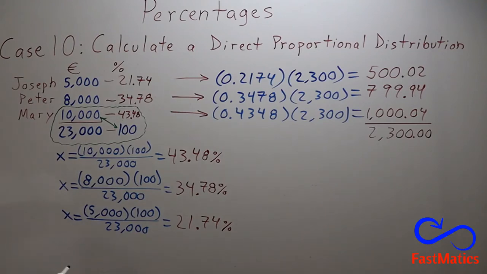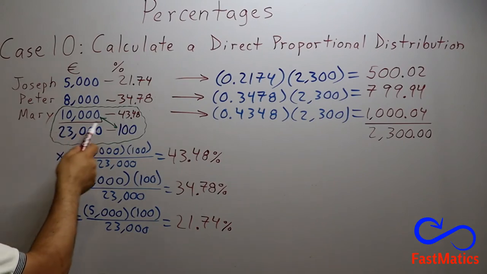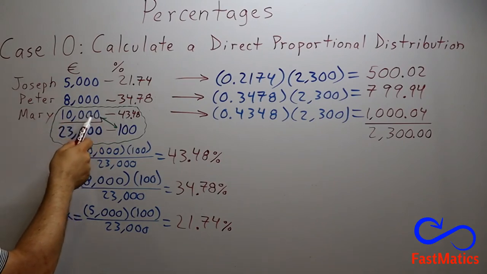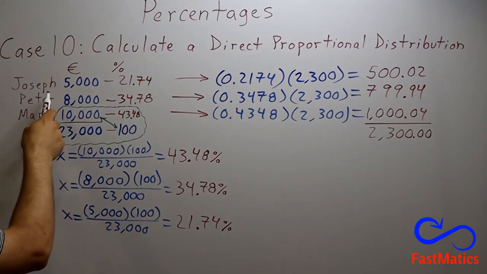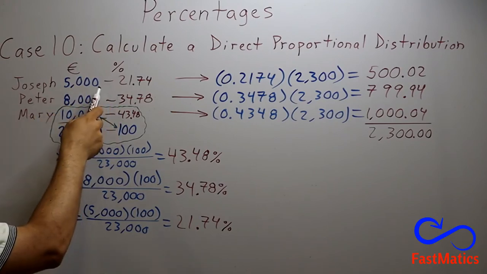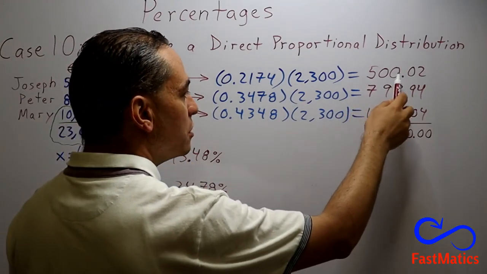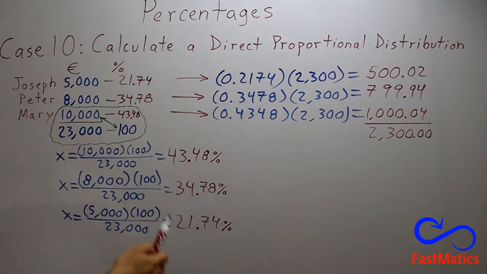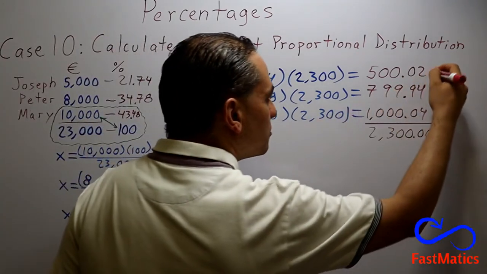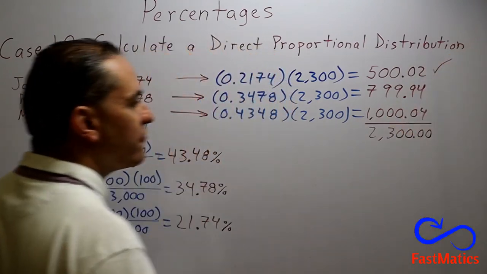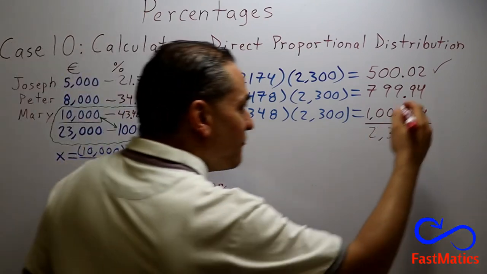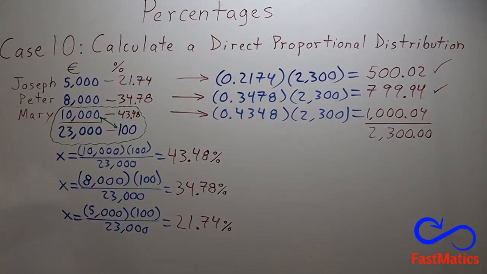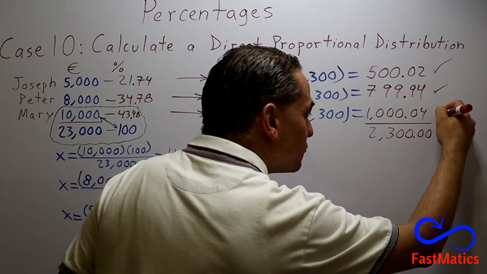So finally we can say that it is very logic that Mary, that invested 10,000 euros, is going to get 1,000 euros of the money. But Joseph, that only invested 5,000 euros, is getting 500 euros. Final answer, we are gonna give 500 euros with 2 cents for Joseph, 799 euros with 94 cents for Peter, and 1,000 euros with 4 cents for Mary.